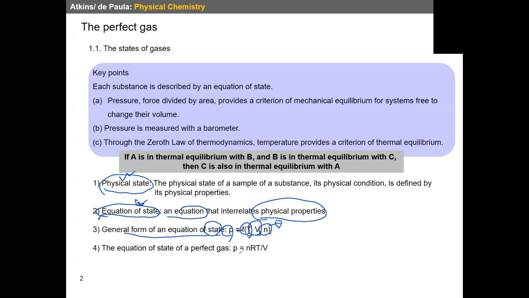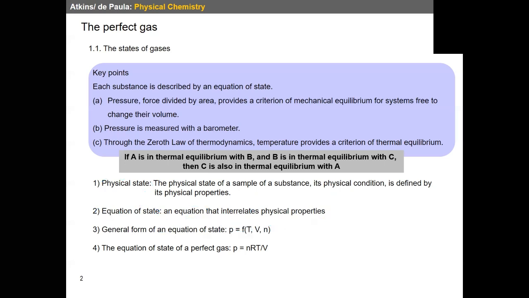This is the very basic form of an equation of state. The equation of state of perfect gases can be described as P equals nRT over V. You might already know this equation, right? Because it is quite famous, the equation of state of perfect gases.